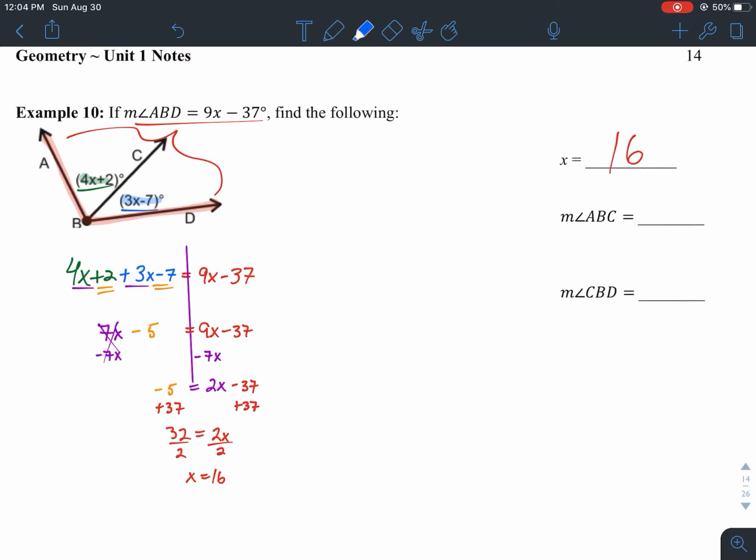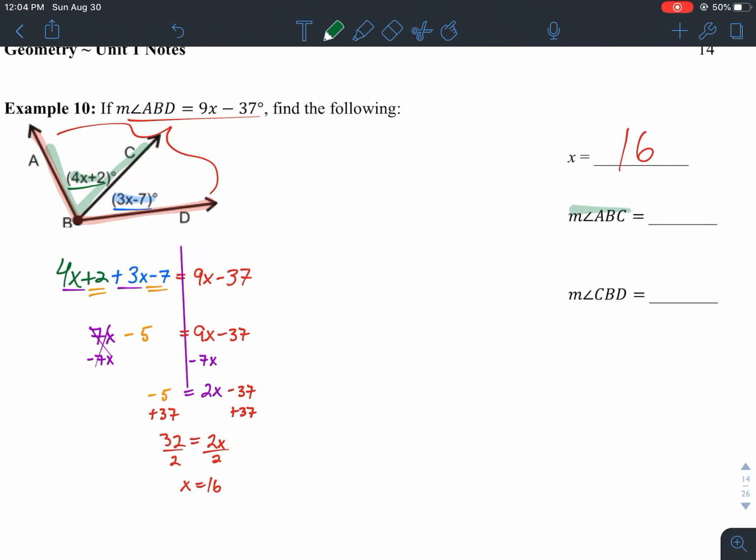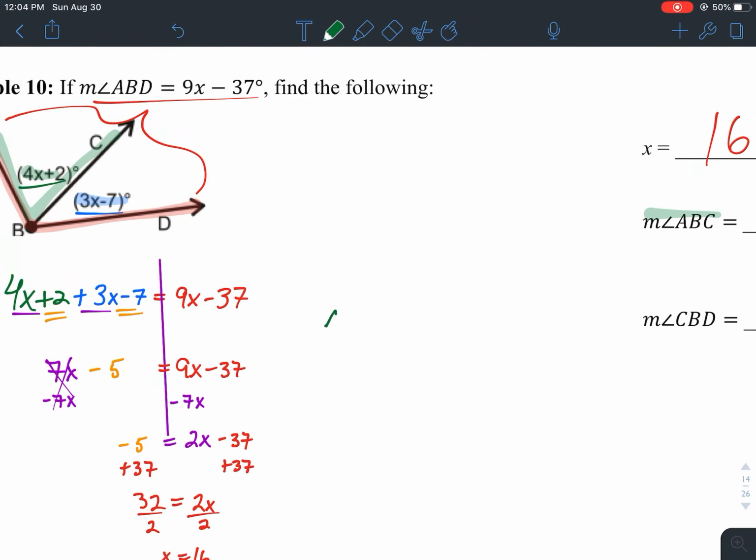We're asked to find out what angle ABC is, which is the green angle I highlighted on the picture over here. So we can use x to figure that out. The measurement of angle ABC equals 4x plus 2.